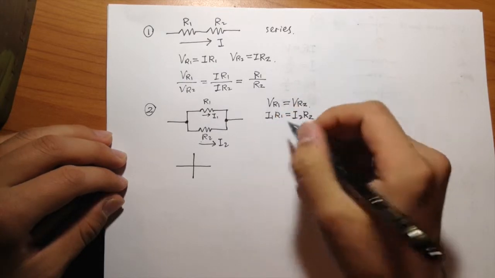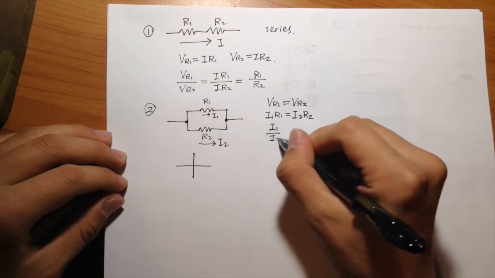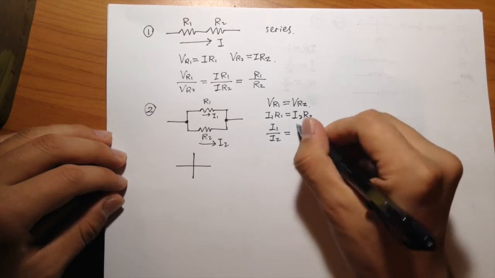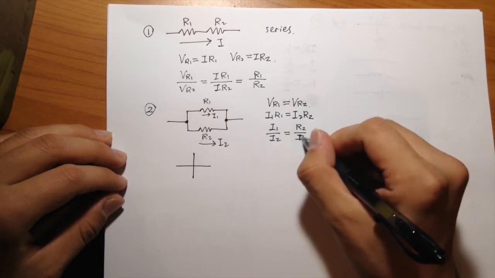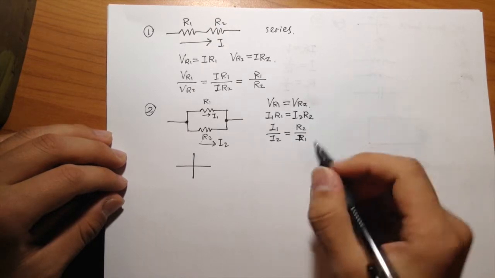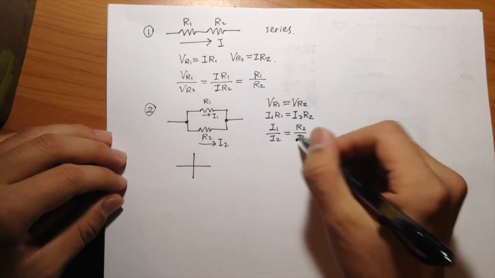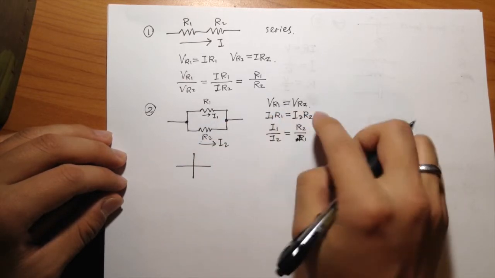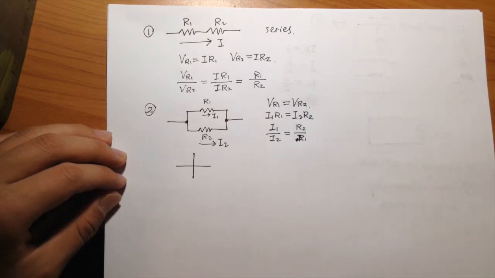So move things around a little bit. We have I1 over I2 equals R2 over R1. So the ratio of the two currents is actually one over the ratio of the resistor values.